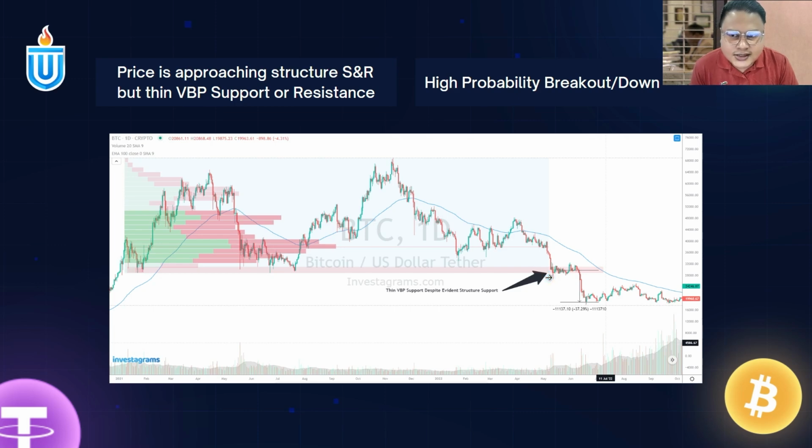So, in this case, price is approaching structure support and resistance. In this case, structural support siya, pero manipis yung volume profile. So, ang high probability outcome niyan is possible breakdown, kasi manipis lang siya, wala masyadong support at this level.